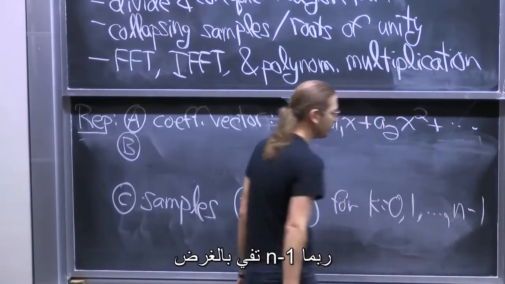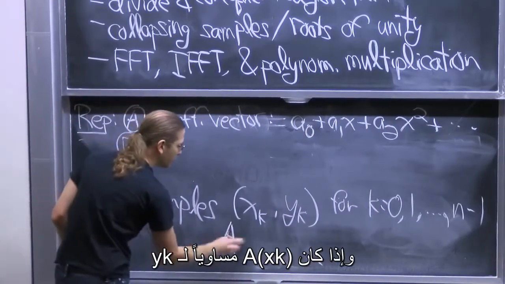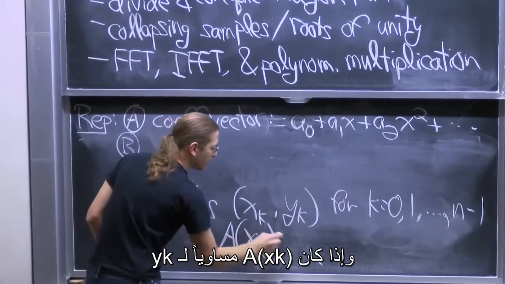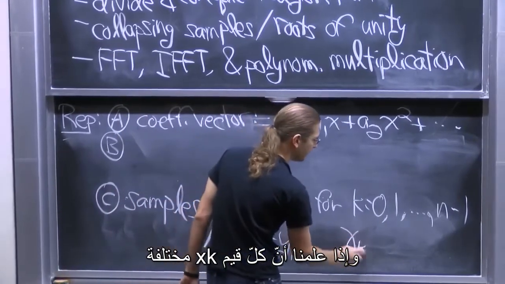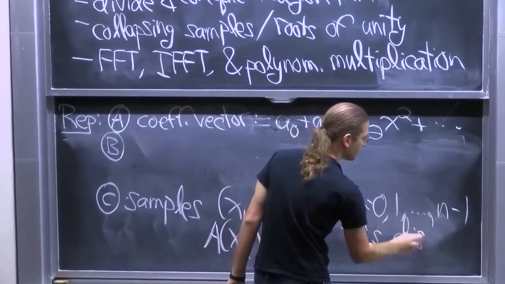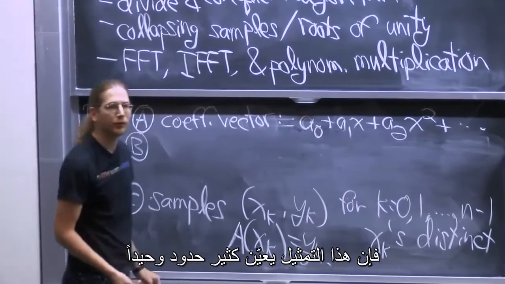I think n minus 1 should do it. We'll check. Yep. And if we are told that a(x_k) equals y_k, and we're told that all the x_k's are distinct, then this uniquely determines the polynomial.